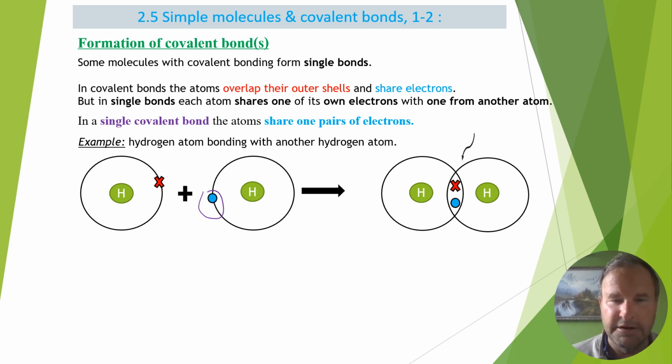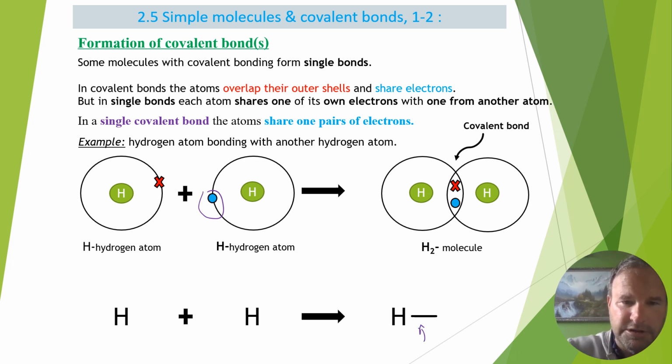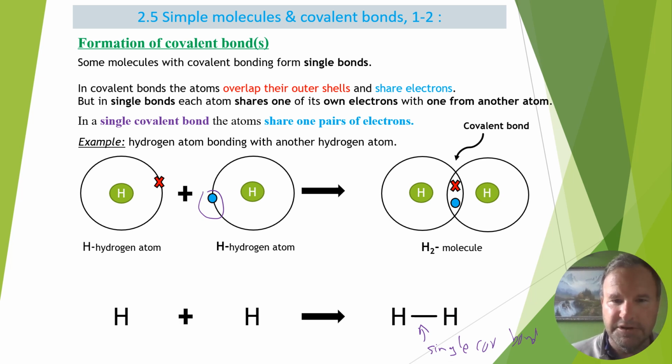Here they are there at the top, and there's the single bond that gets formed, a single covalent bond. So there's the full structure. Here it is in a bit easier format that they may show you. Hydrogen plus hydrogen, single bond represented by this structure here. That's the horizontal line, so that's just a single covalent bond.